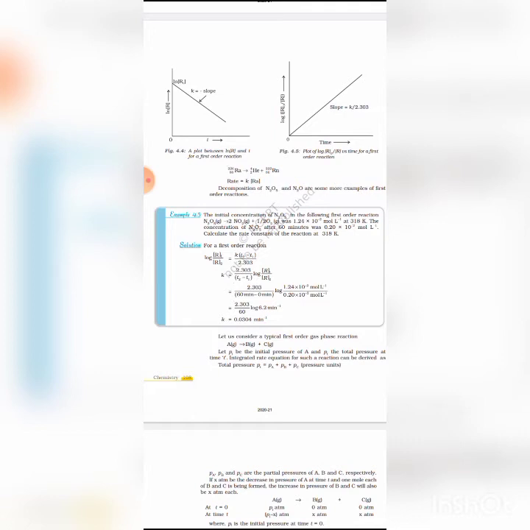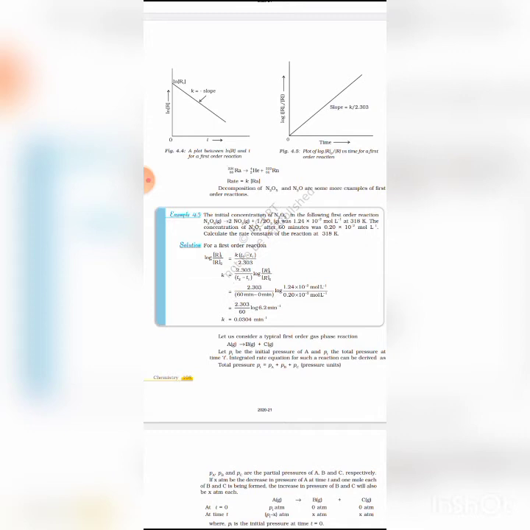is called threshold energy. An activated complex is the arrangement of atoms corresponding to the energy maximum, that is threshold energy, during the course of a reaction, and it is called the activated complex or transition state. The activated complex has a partial reactant character and a partial product character.